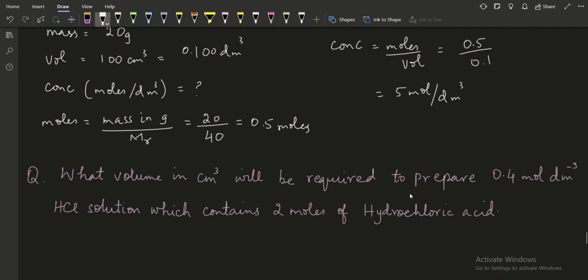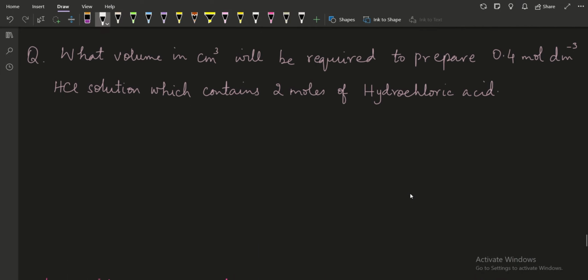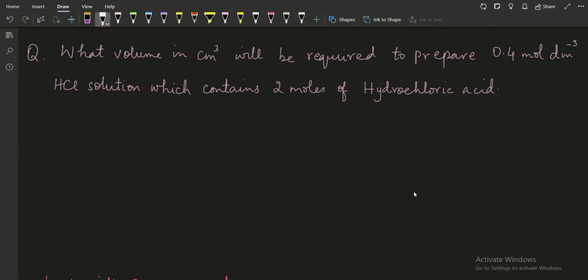Alright, now the next question is: what volume in cubic centimeter will be required to prepare 0.4 moles per cubic decimeter hydrochloric acid solution which contains 2 moles of hydrochloric acid? Okay, again we will write the data. The concentration is how much?